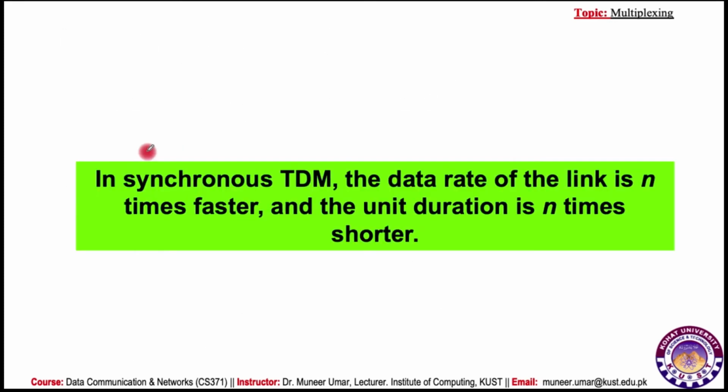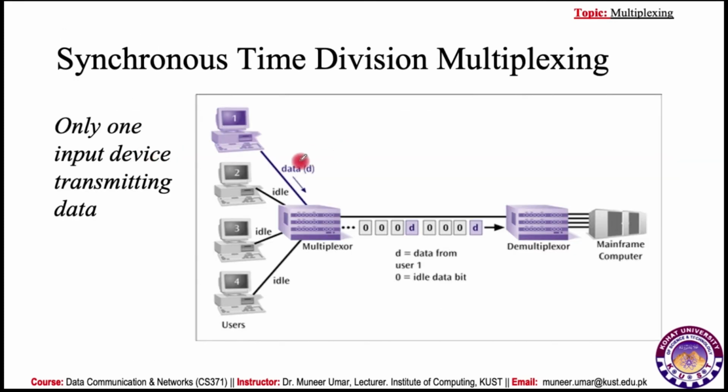If some systems are idle, still there were some time slots assigned to them, and this was a wastage of the entire bandwidth or the time slots during the transmission. So to avoid such a case, we use statistical time division multiplexing.